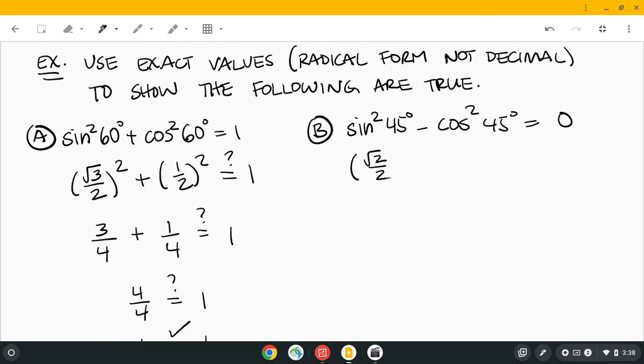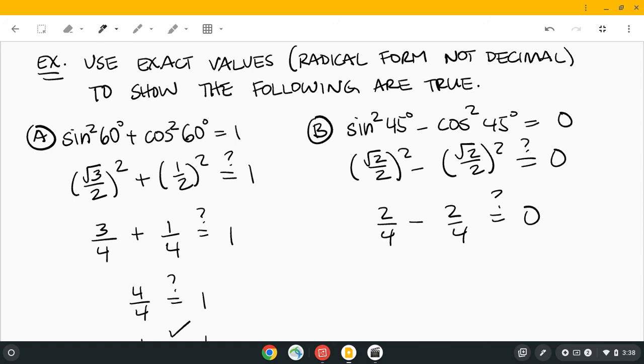Square root 2 over 2, square root 2 over 2. Does this equal 0? And yeah, we could already see it, but let's just multiply this out. 2 over 4 minus 2 over 4. Does this equal 0? Yeah, 2 minus 2 is 0.